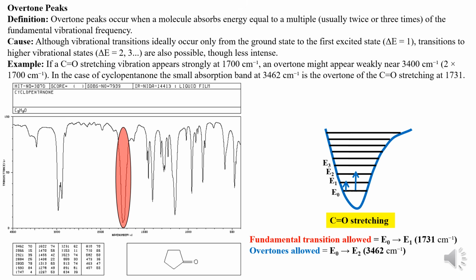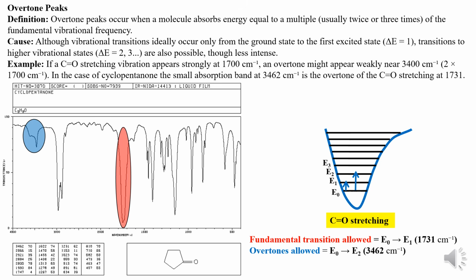And in addition, you will also observe a peak at 3462 centimeter inverse. That is to say, you see an overtone, and this overtone is seen at 3462 centimeters, which is twice that of 1731 centimeter inverse. So this will be a very good example to explain how overtone peaks occur when a molecule absorbs energy equal to a multiple.